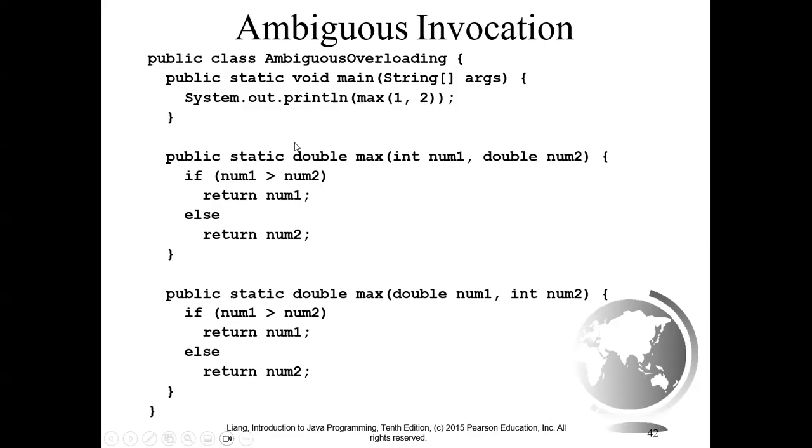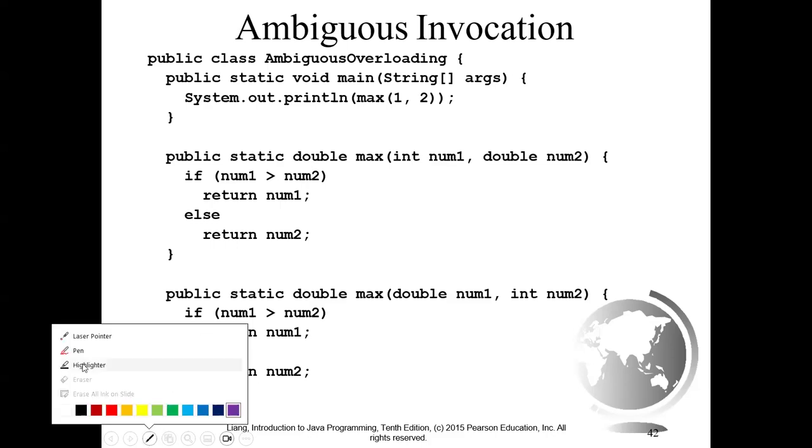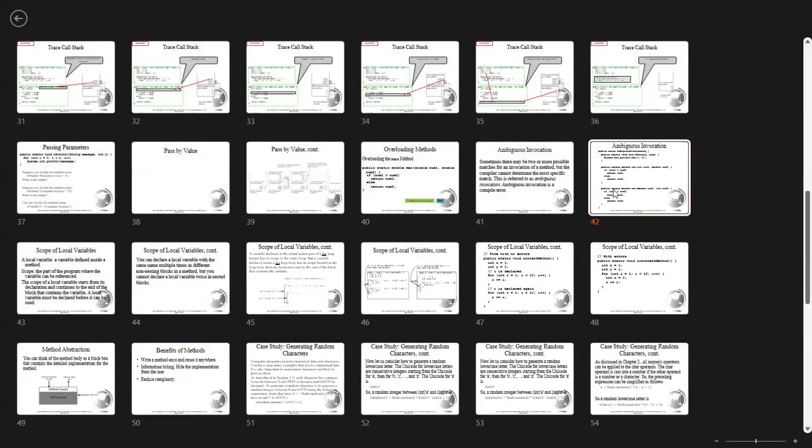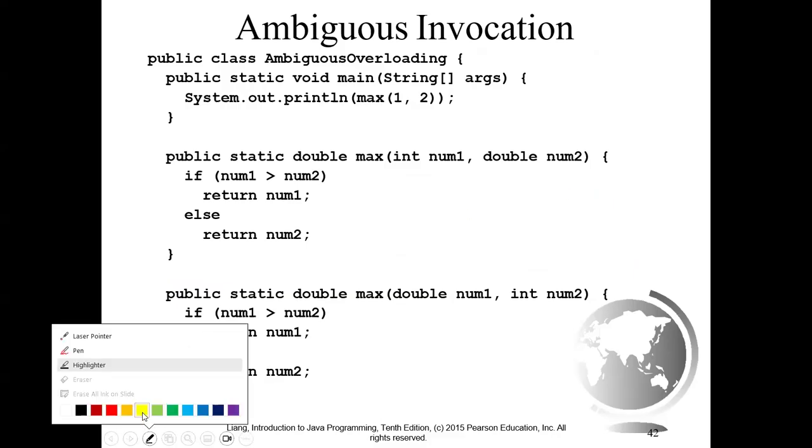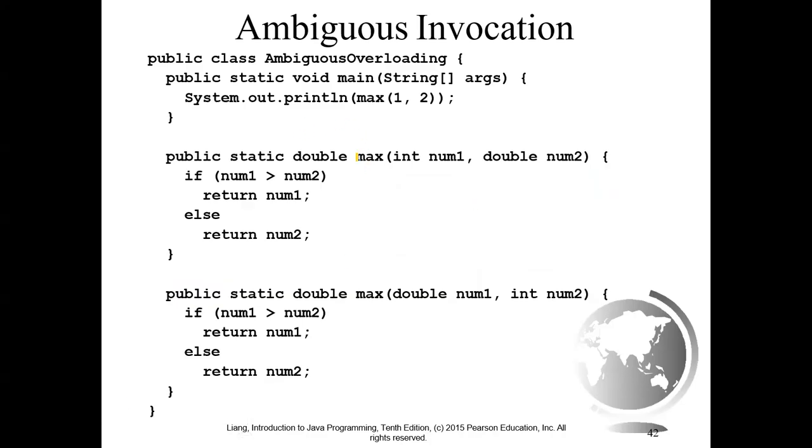Let's see this example. First, it declares a main method. It's supposed to print out the max between the 1 and the 2, right? And we have the 2 max methods. The first one is a double max. Okay, let me use the highlighter. I want to change the color for it, using the orange. The max is the same.